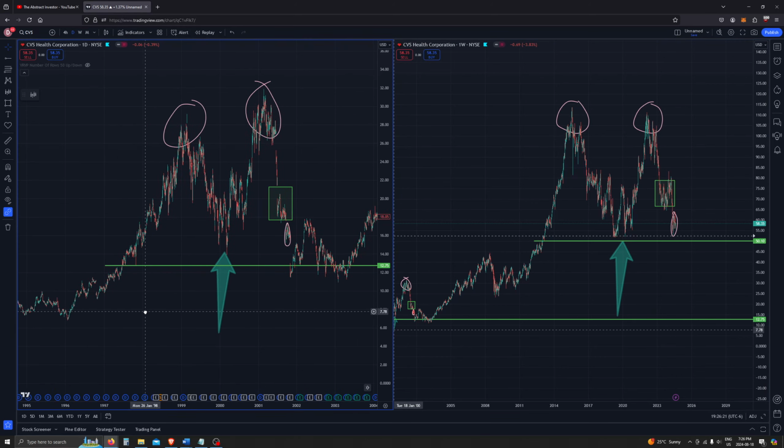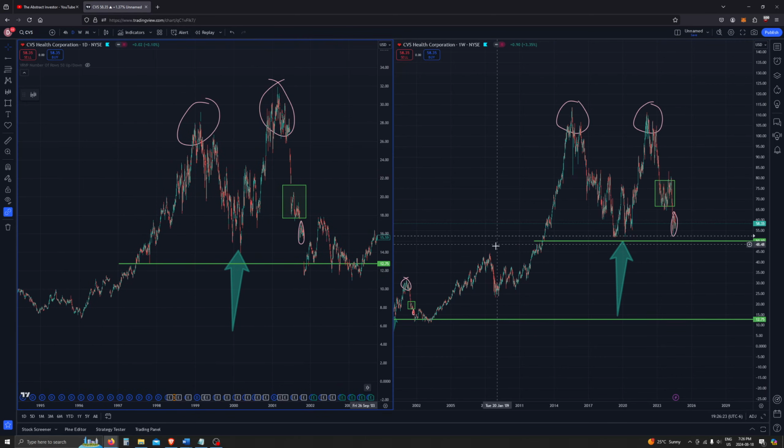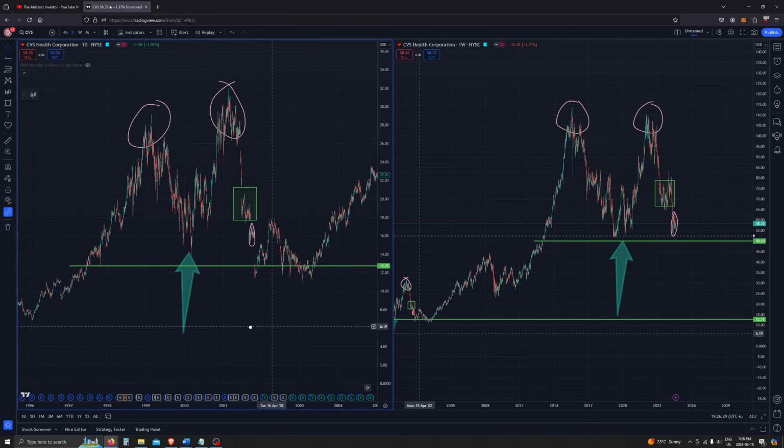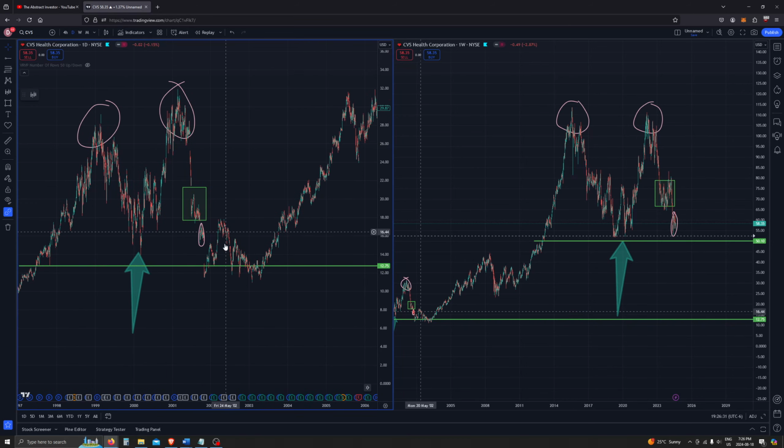So I'm looking for price to get to $50 or lower, and then I'm going to be looking for this basing pattern to replay.